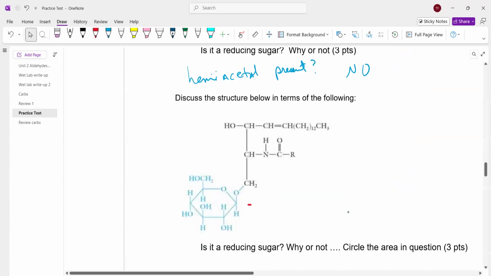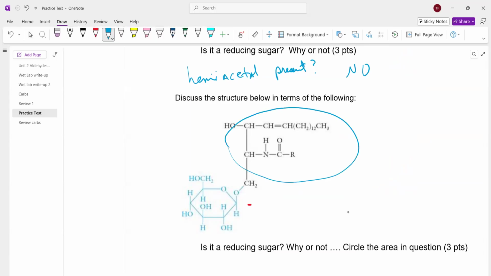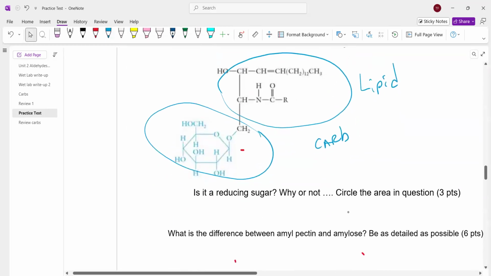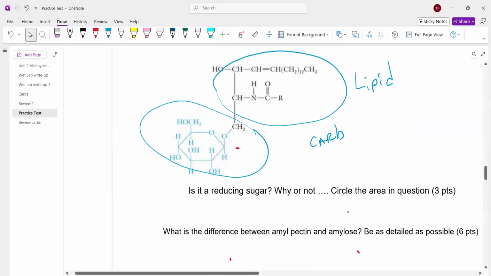All right. This is kind of a carbohydrate and lipid combination. So this would be the lipid piece, which is unit 3. And this would be the carb piece. Okay, so is it a reducing sugar? Well, the carb part is going to dictate that.